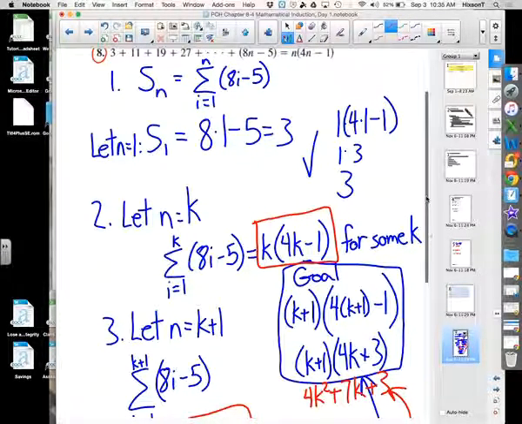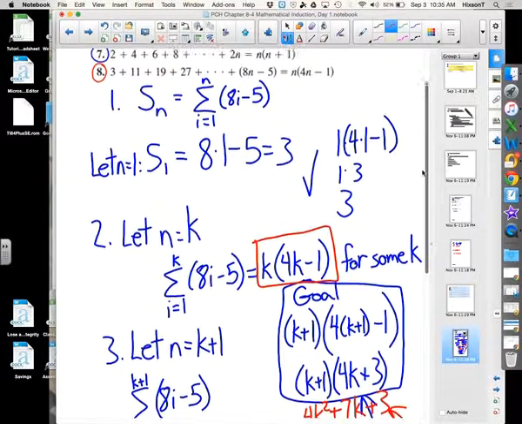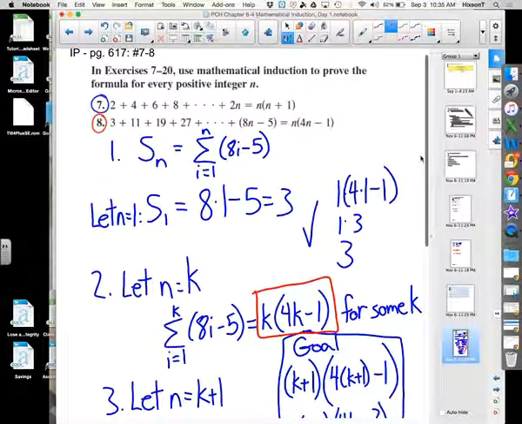You can't equal the 8k minus 5 equal k times 4k minus 1 or 3k. Because if you put a 2 in the formula, yeah, you have a different answer.